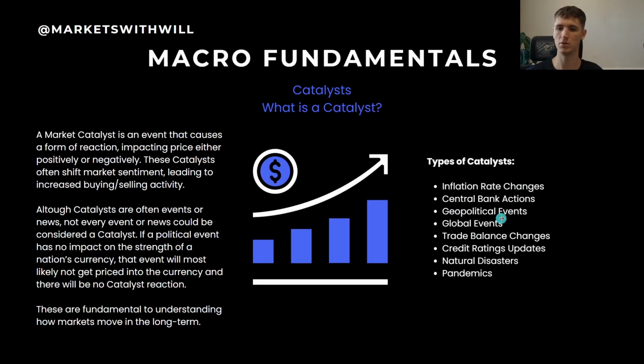Others are global events, trade balance changes, which we talked about in previous videos, credit ratings updates, natural disasters, which is a big one, and pandemics, obviously. Everyone can go back and backtest the 2020 coronavirus period where every economy took a big hit.